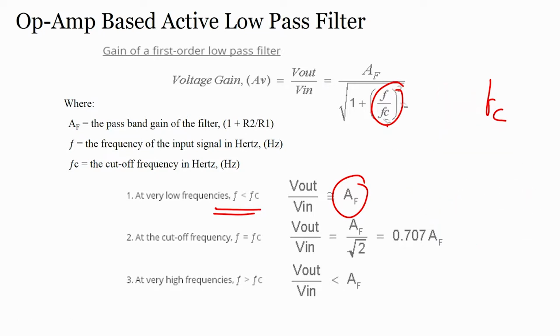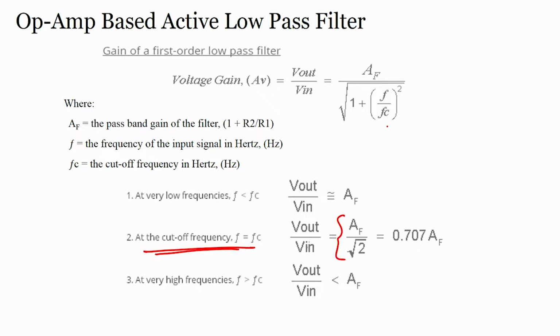If we go for the second one, which is the cutoff frequency, at cutoff frequency F equals Fc, we find V out upon V in equals AF by square root of 2, which will give you this particular value. At very high frequency, when F is greater than Fc, in that case we will find V out by V in is less than AF.